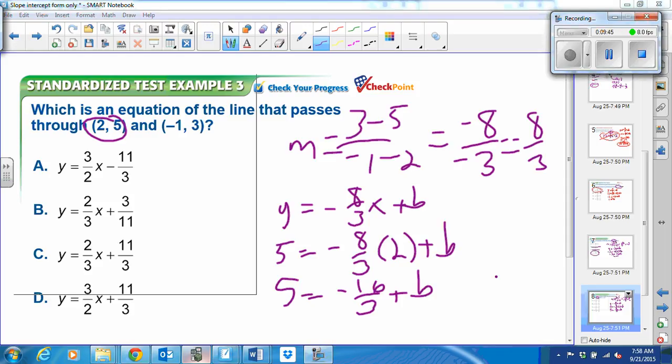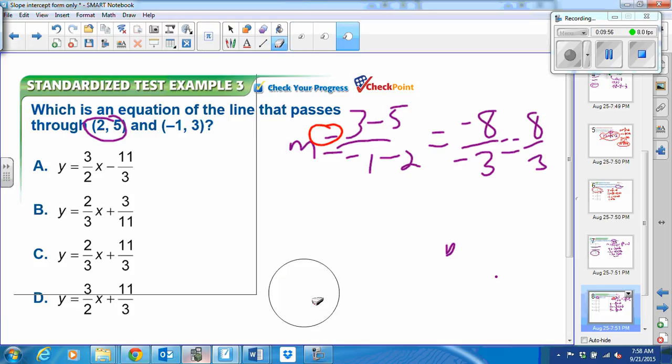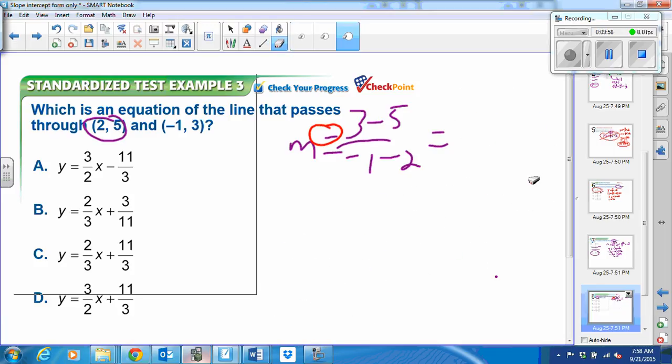So I misread my numbers on this problem. I thought this was a negative sign because my writing is so bad. So that's actually going to make this problem a lot easier. We get rid of this and this. And we're back at the very beginning, and we have 3 minus 5 is -2 over -3. So we have a slope of 2/3.